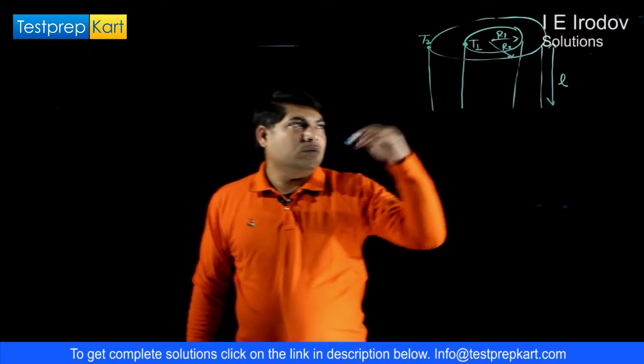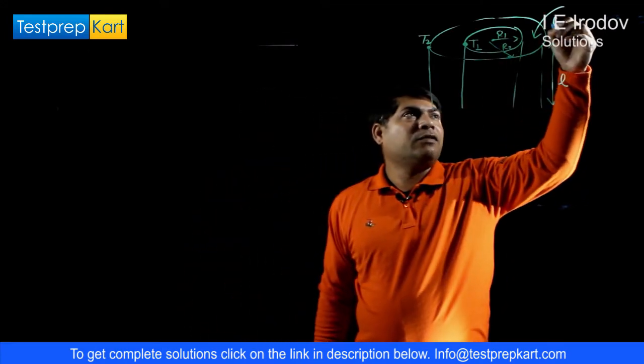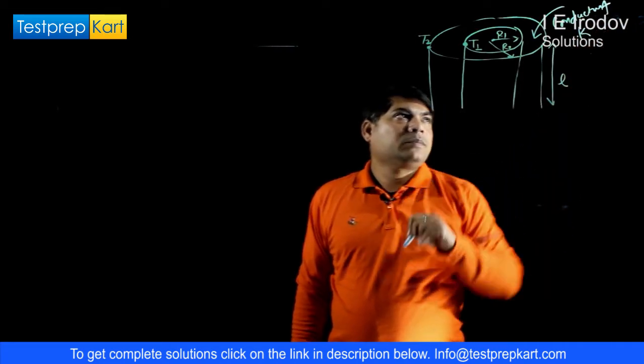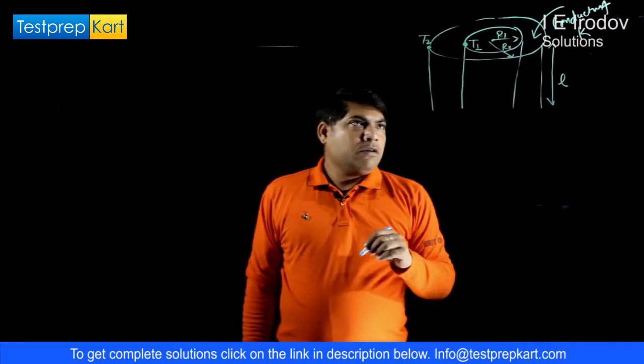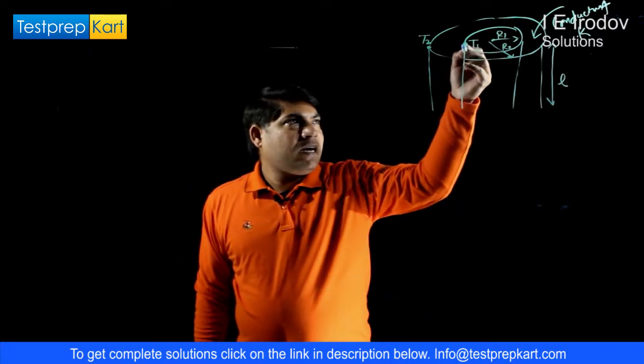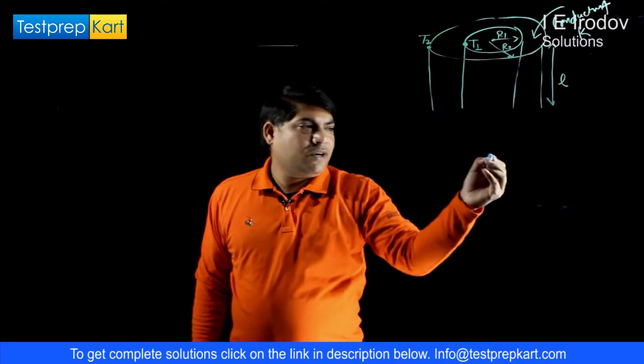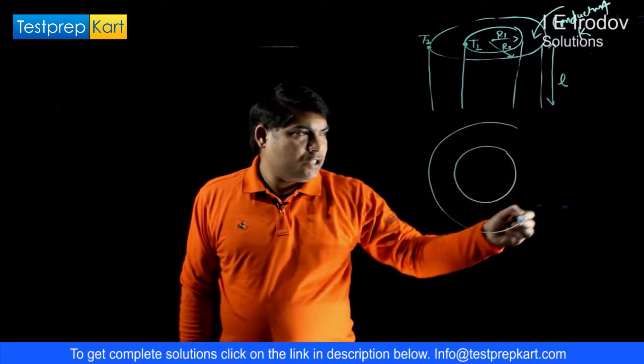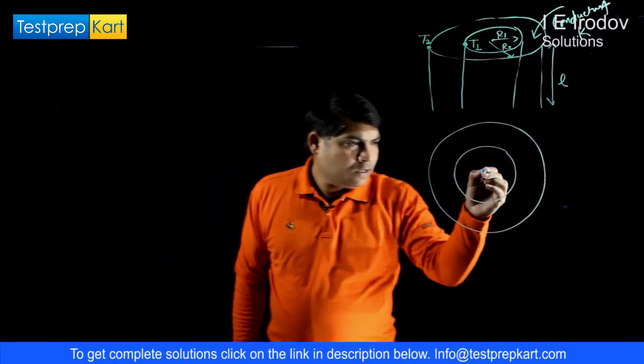So let's assume that the conductivity of this material is K. Okay. So we need to write the expression for temperature. For that, let me draw the cross-sectional view, that is the top view of the cylinder.